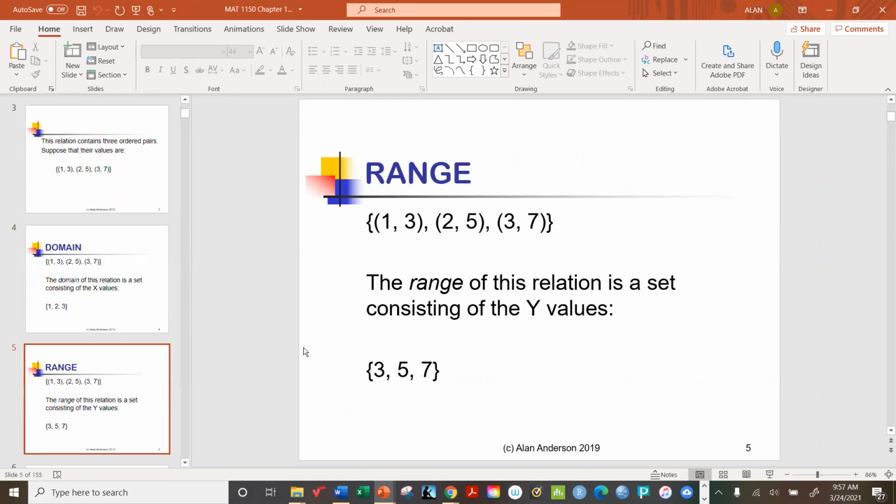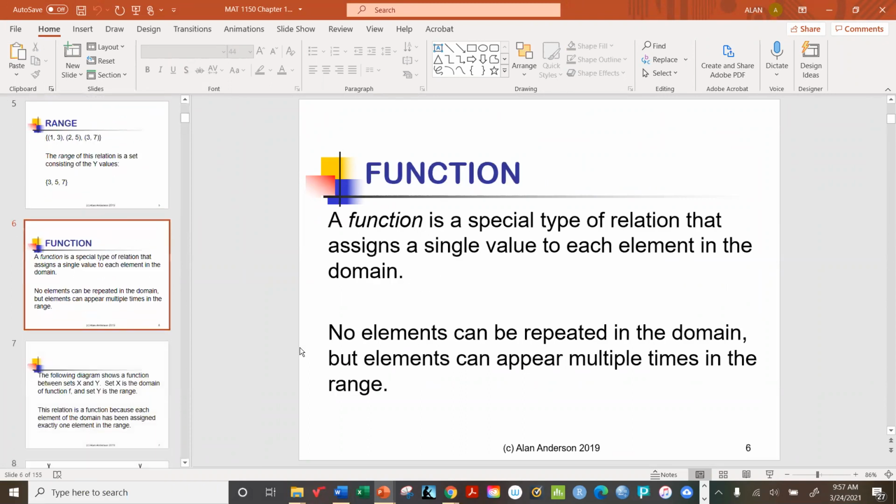Well, we have a domain and a range, of course. What we want to know is if each element in the domain is assigned a unique value in the range. So the domain can have only unique values, but the range can have the same values more than once.